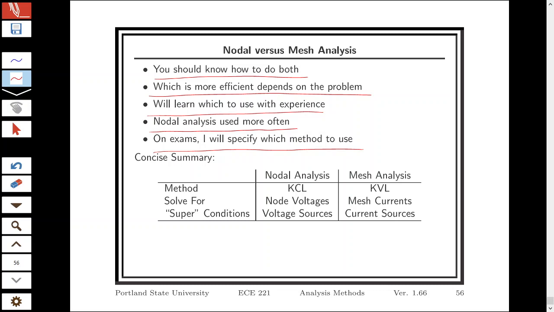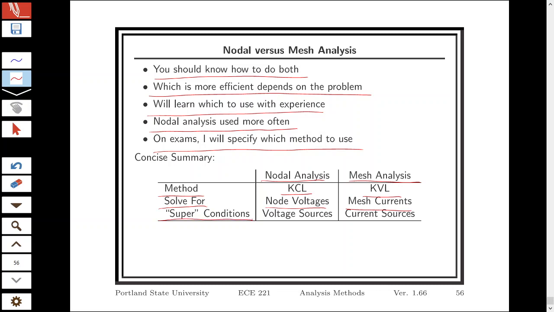Okay, that brings us to the end of this chapter. If you compare the two methods, node analysis and mesh analysis, we use KCL equations in node analysis, and we use KVL equations in mesh analysis. We solve for node voltages in node analysis, and we solve for mesh currents in mesh analysis.